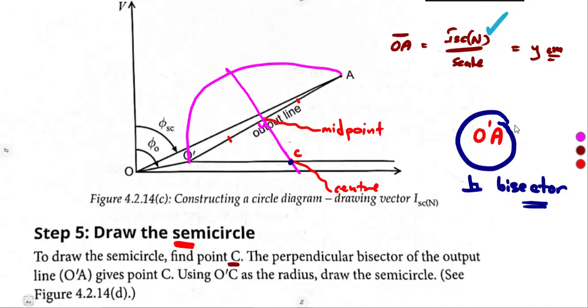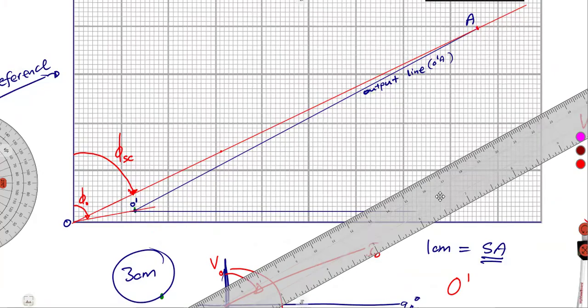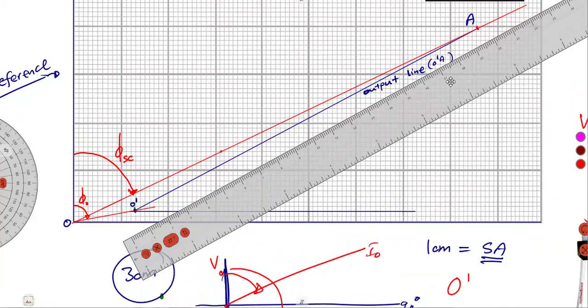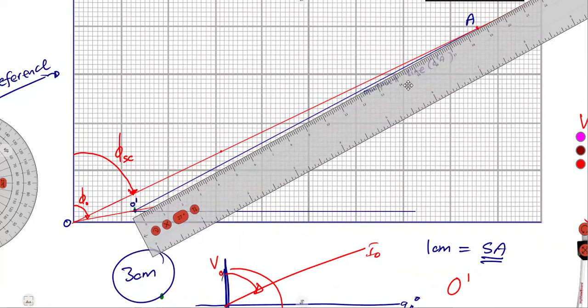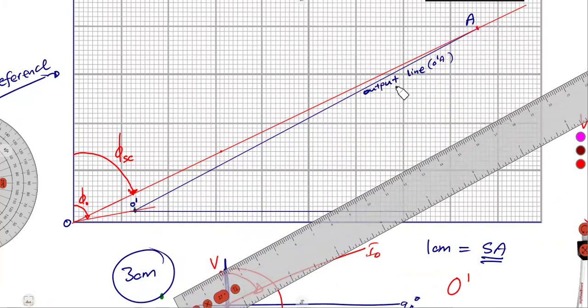So we need half of this line. You measure the distance between those two points that you are given, then you divide it by 2.